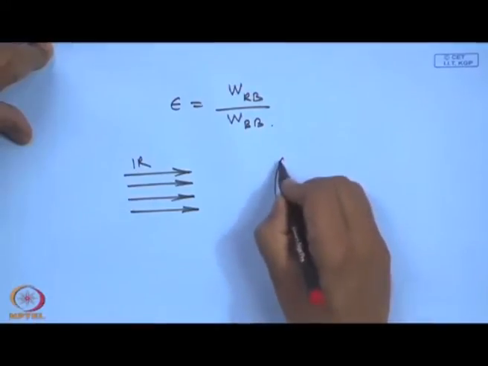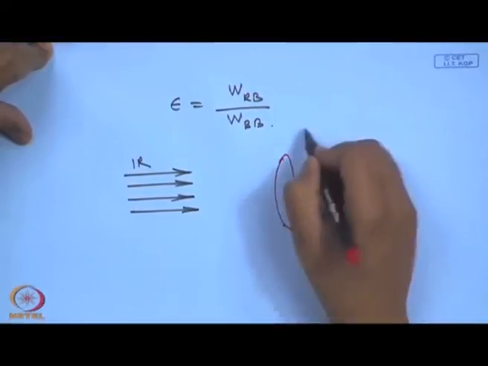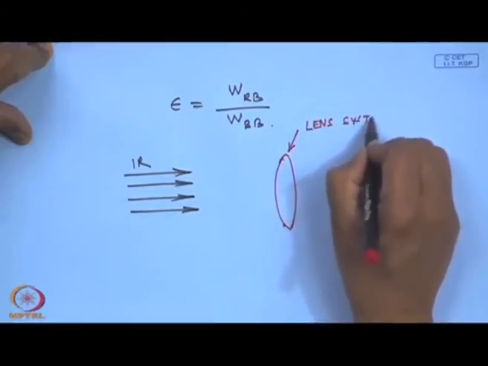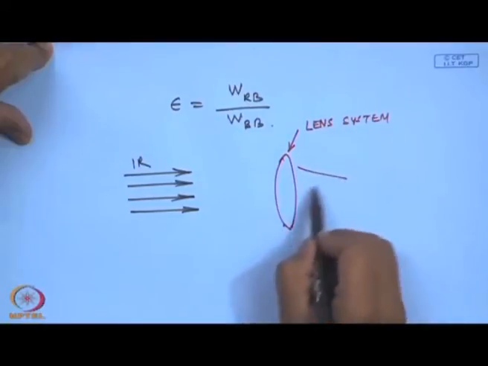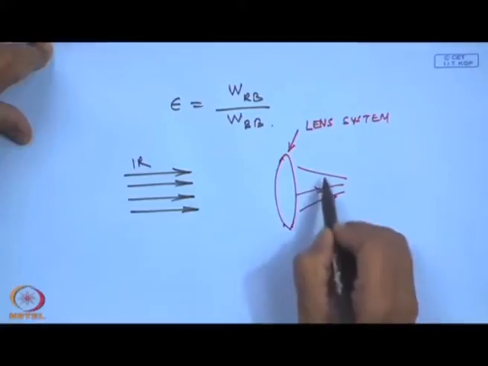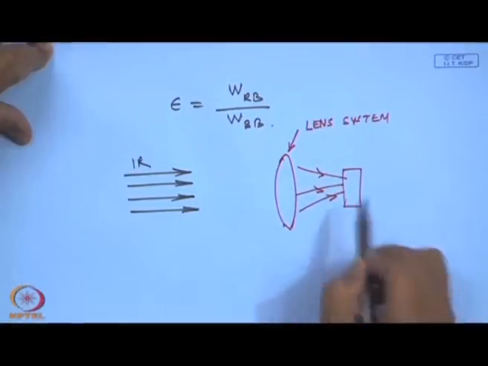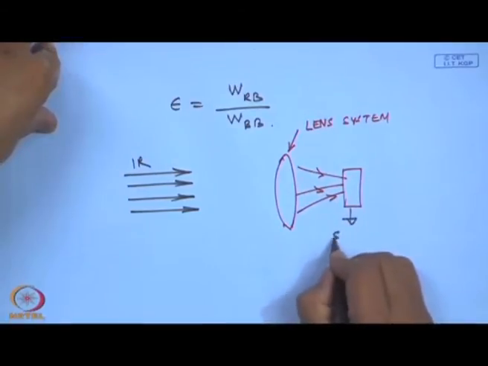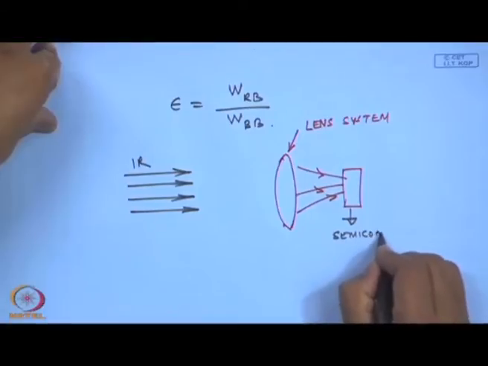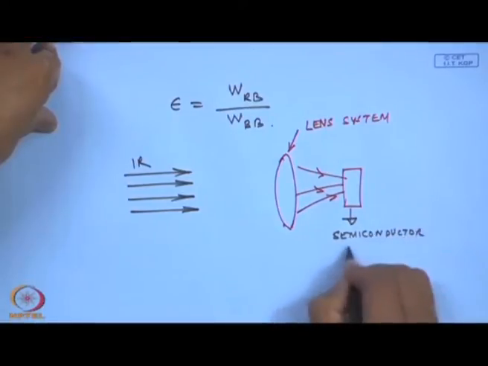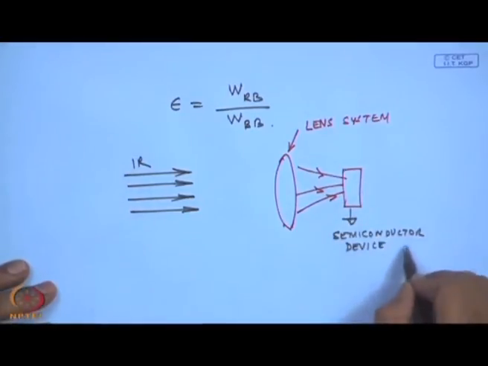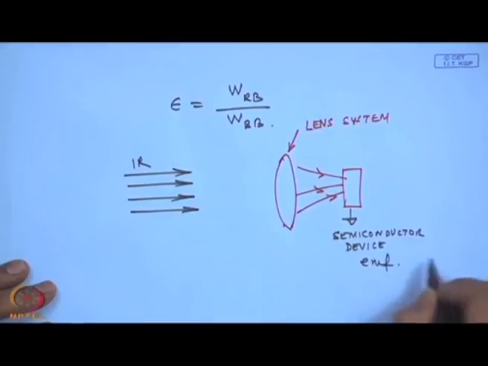I can have a lens system which will make these IR beams converge on a semiconductor device. This is a semiconductor device, which gives us a certain EMF based on the thermal energy incident on it.